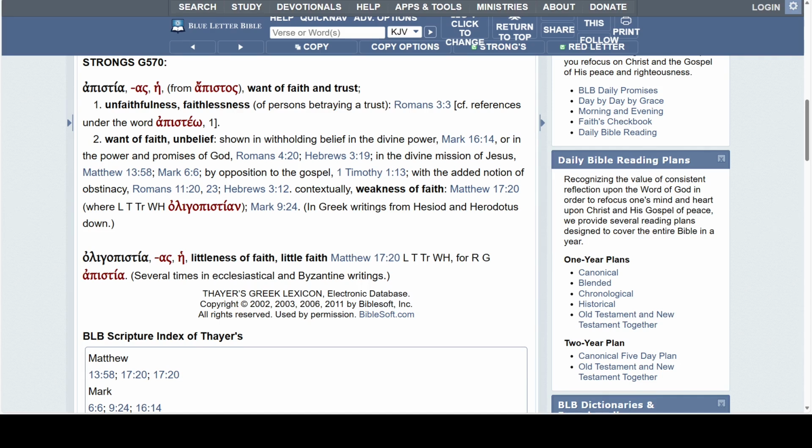So let's look at the lexicon section here on the Blue Letter Bible. When we click on the Strong's number for unbelief, which is G570, apistia, you'll see something that says the Thayer Greek lexicon. So this is our Bible dictionary and what the word means in ancient Greek.